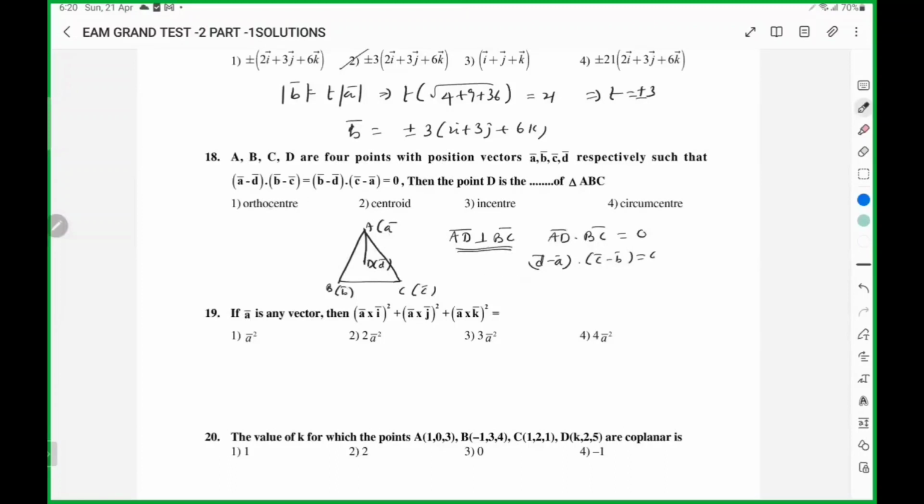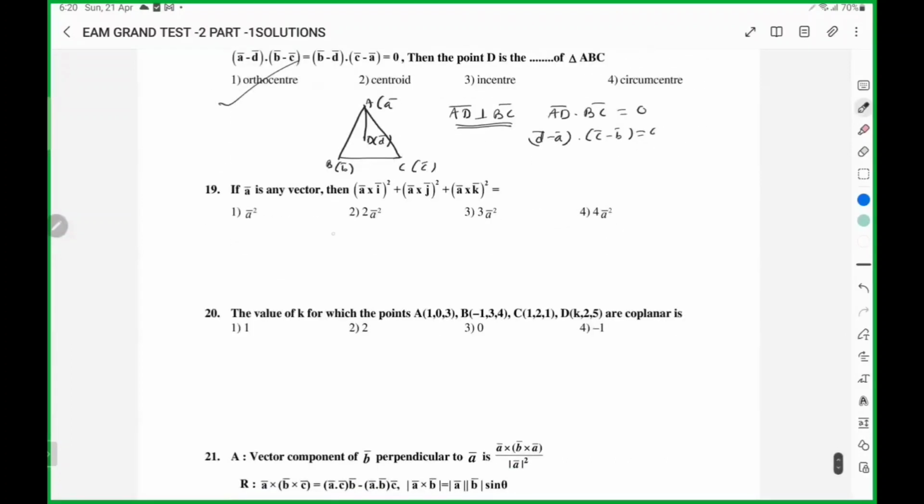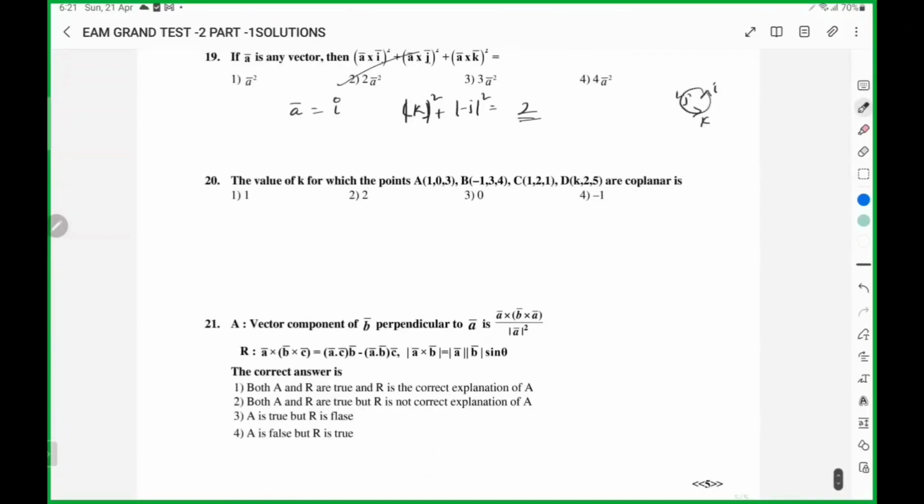So the intersection of altitudes will be the orthocenter. In this kind of question, you take A bar as i, any vector you can take. i cross i is 0. i cross j is k, squared. i cross k is minus j, squared. So here you get 2. So the second option is correct.